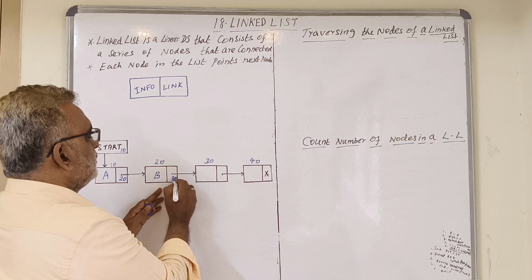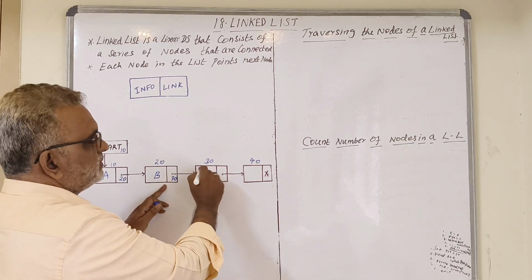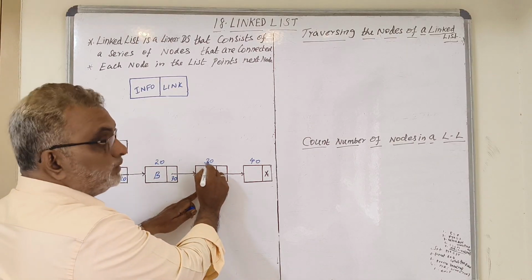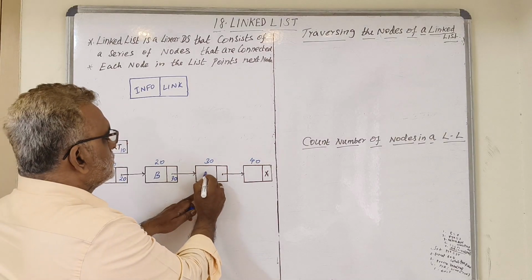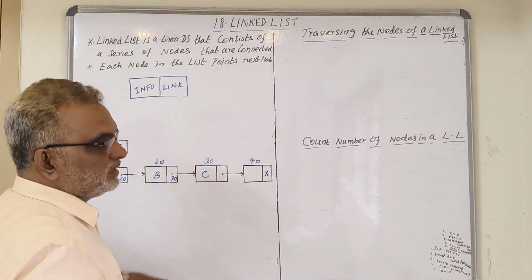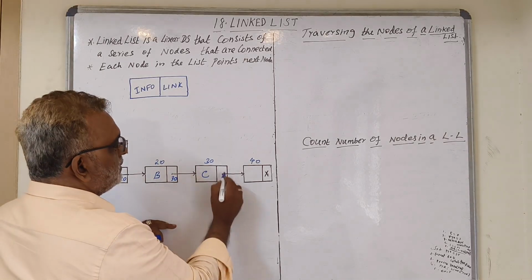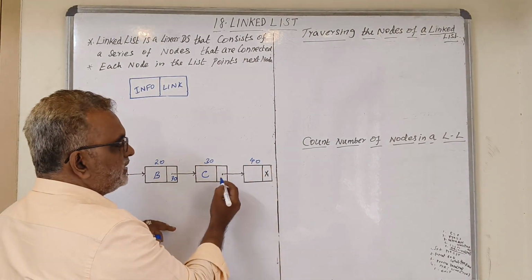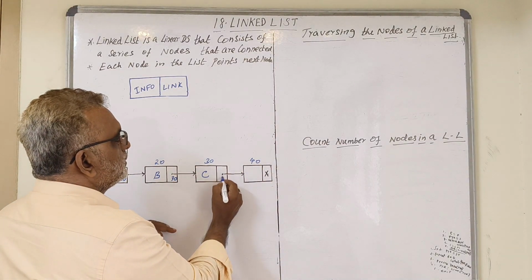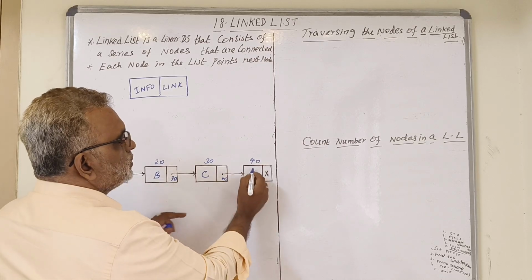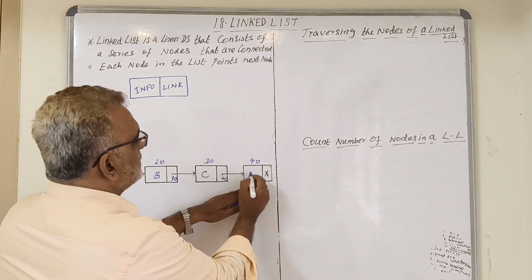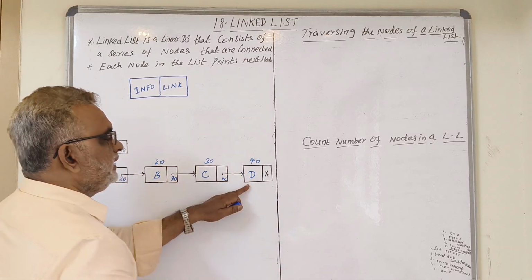So it contains the value 30, which points to the third node, that is 30. Let us consider we have the data C. Similarly, the third node contains the address of the next node. This is 40. So 40 is the last node which contains the data D.